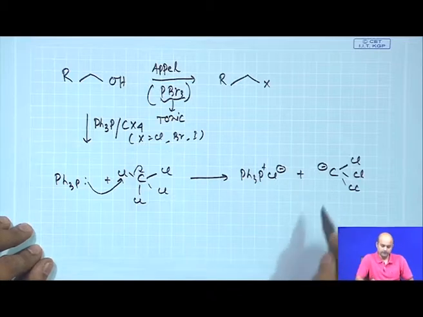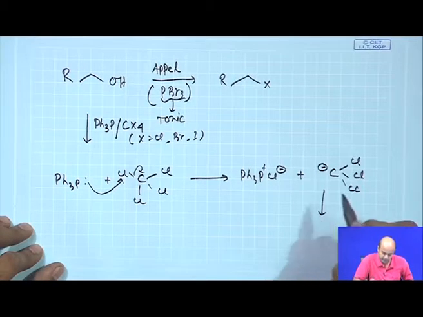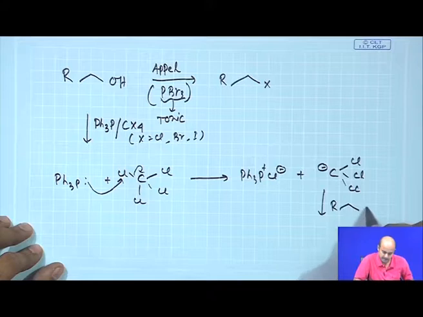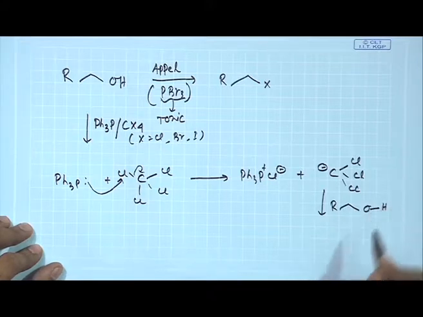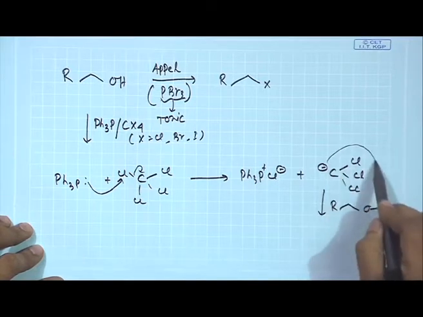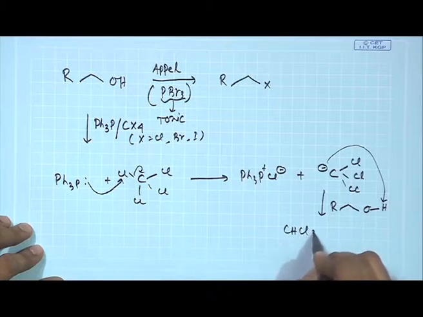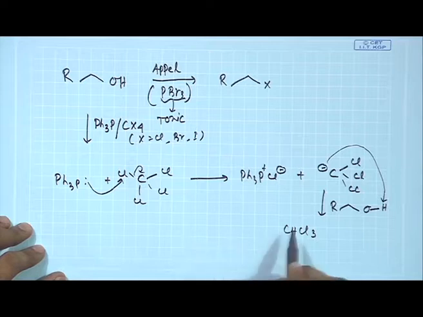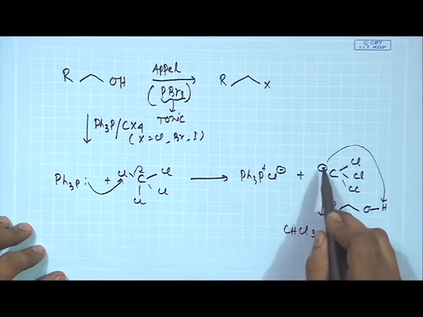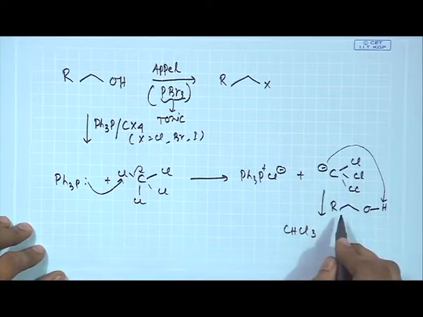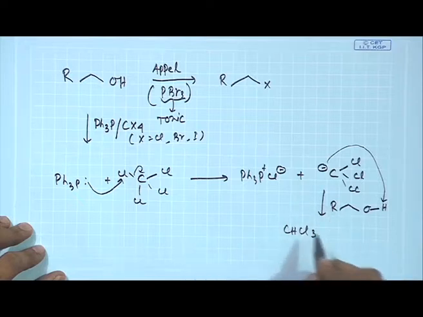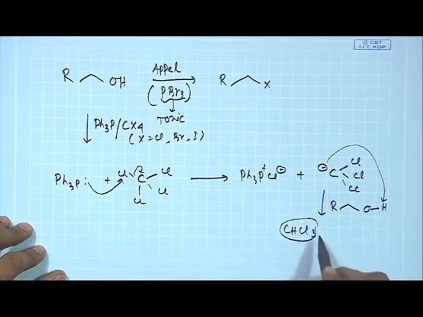Now, this CCl3 minus tries to abstract the acidic hydrogen from this alcohol to become chloroform, CHCl3.